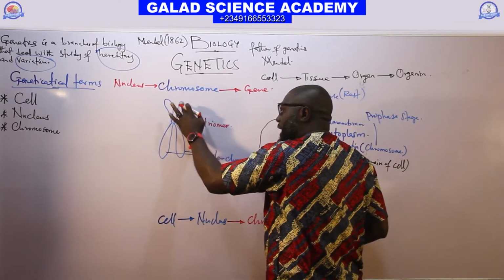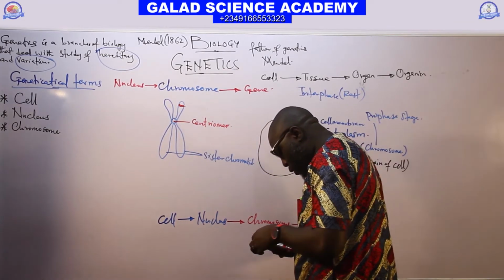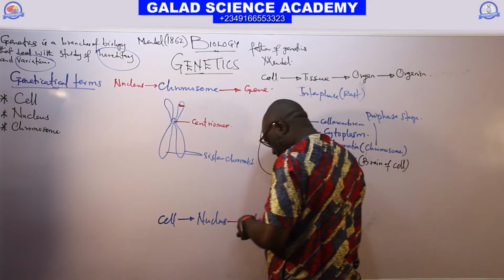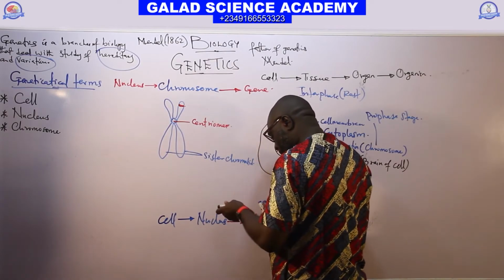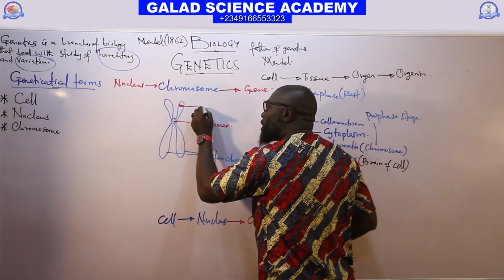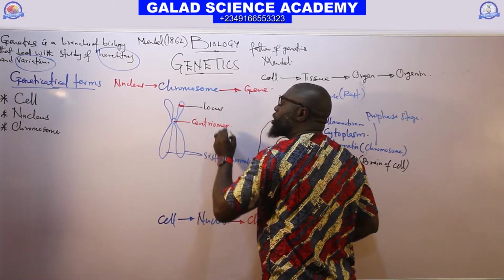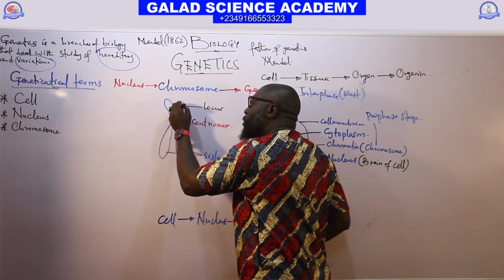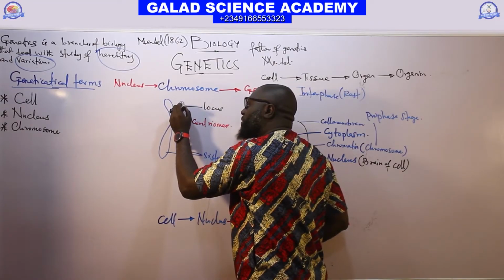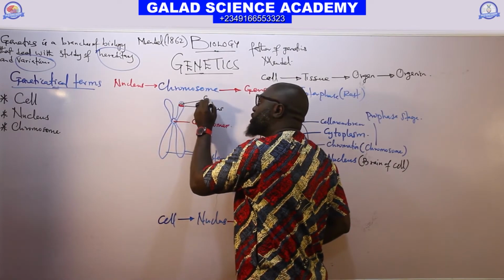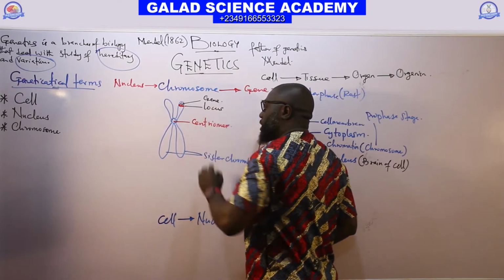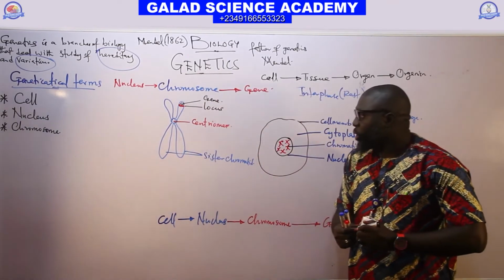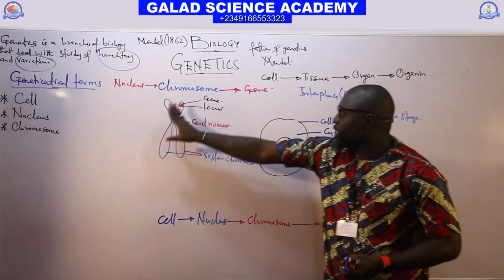This particular point here in the chromosome, we call it locus. So inside this locus is where we can find gene in chromosome.